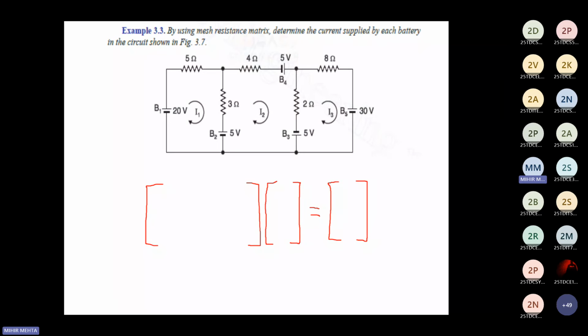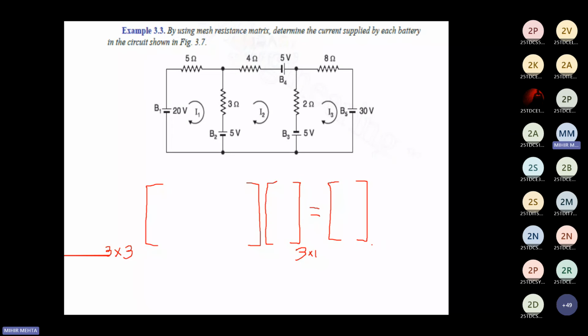Now, when we talk about the shortcut method, just have a look at this. You'll have this matrix of 3 cross 3. Do you agree with me? The resistance matrix would be 3 cross 3. Similarly, the current matrix would be 3 cross 1, since it would have only three elements, that is I1, I2, and I3.